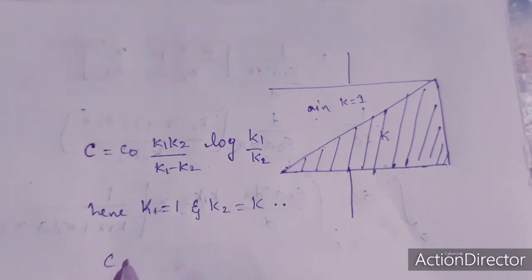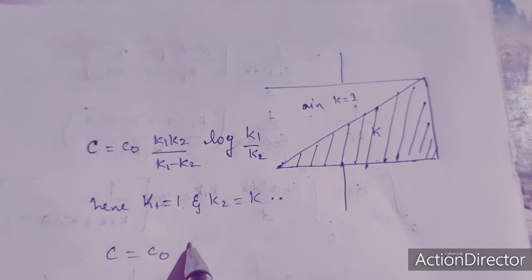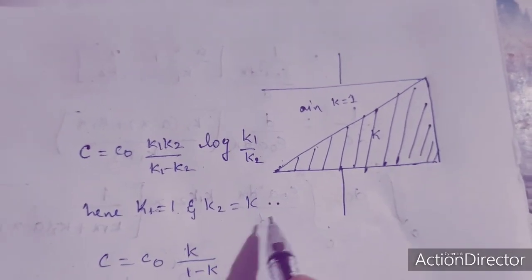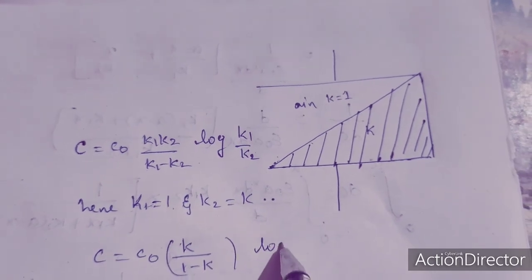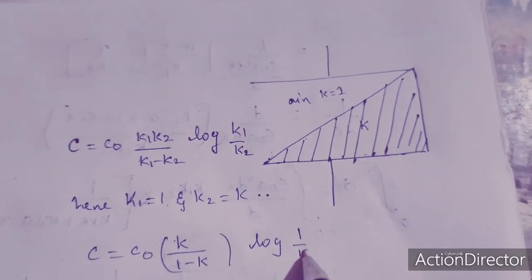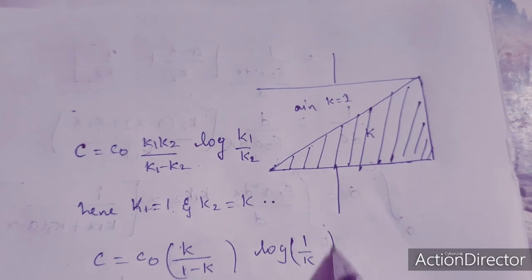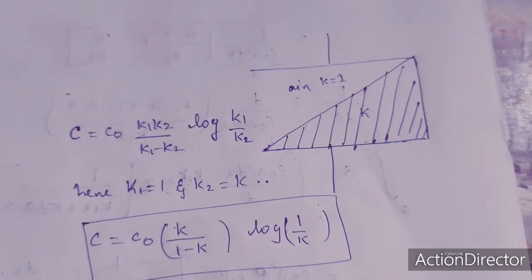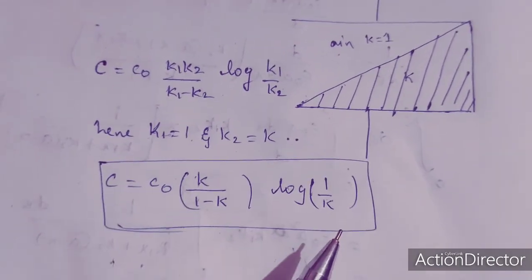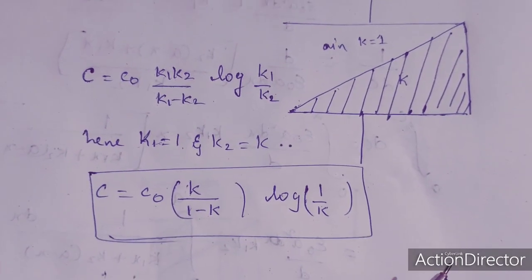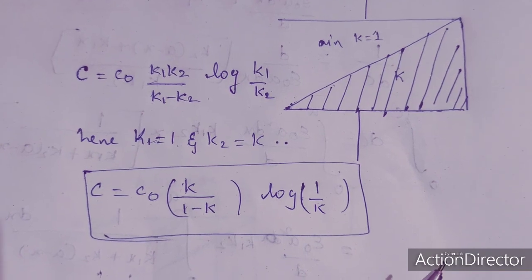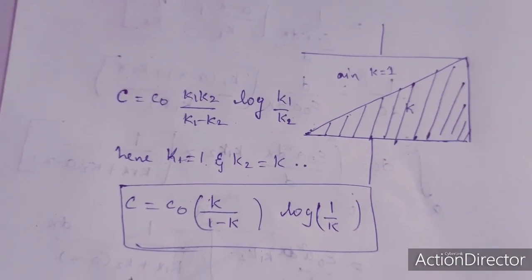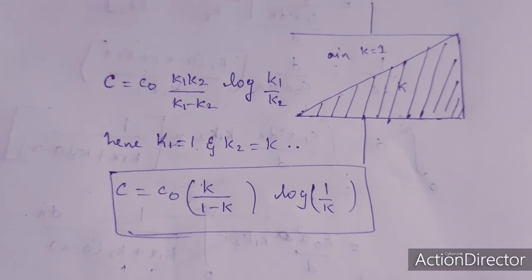Substitute: C equals C naught k divided by 1 minus k, into log of 1 by k. So it is easy to solve this problem. C equals C naught of k by 1 minus k, log of 1 by k. Students, do you have any doubt? Please observe this point.